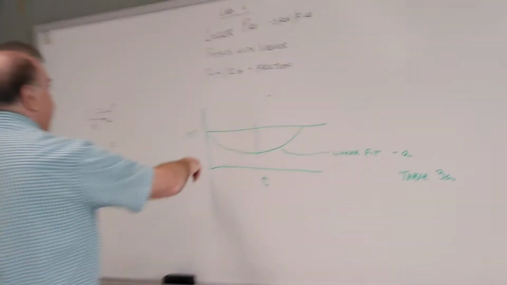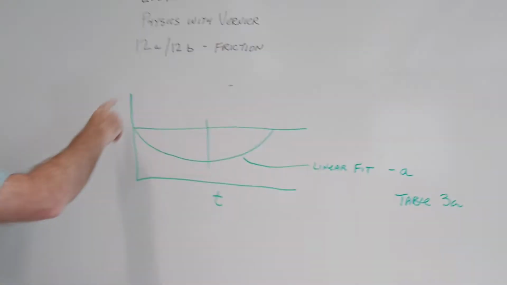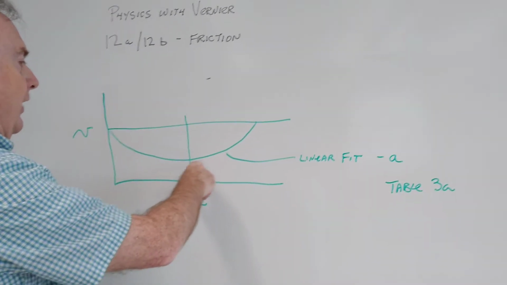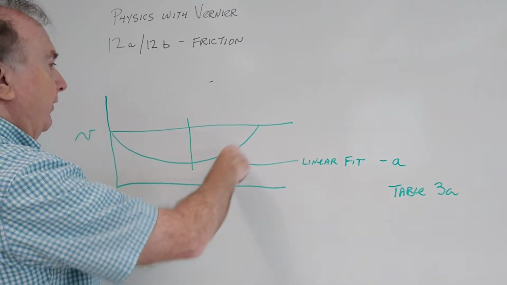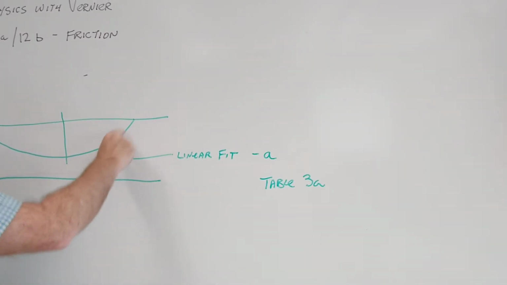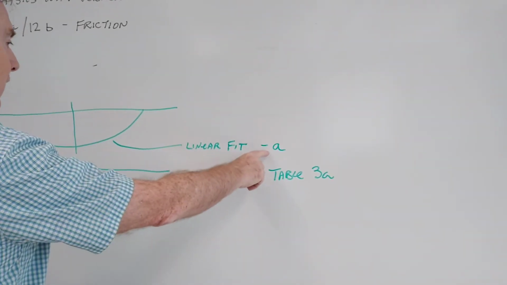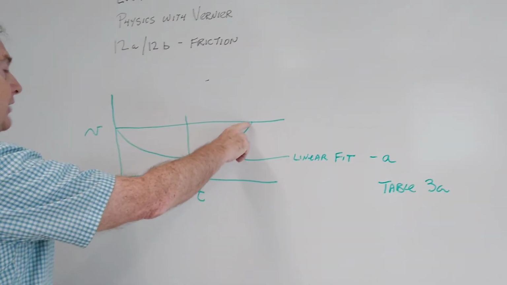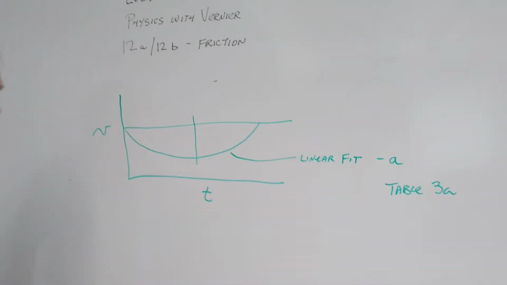What we'll do again with our computer is to generate a V over T graph. This is lab 12B, V over T. If you look at the V over T graph, we'll highlight the last part of the graph. Right here, we'll hit on the linear function, and that'll give us the acceleration or the deceleration of the block as it's moving to the motion detector.